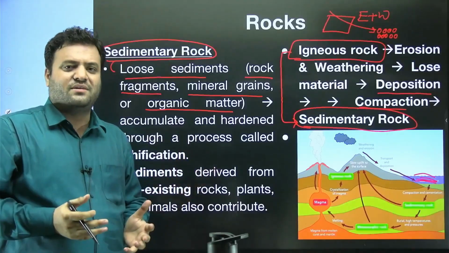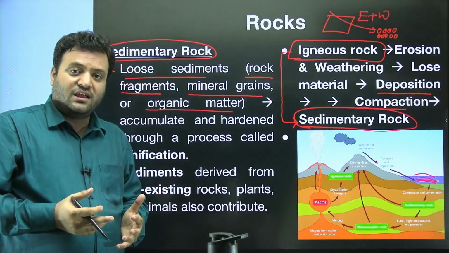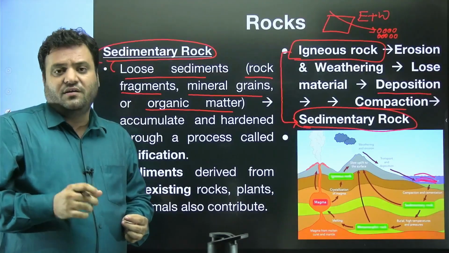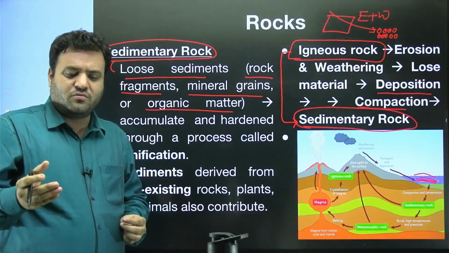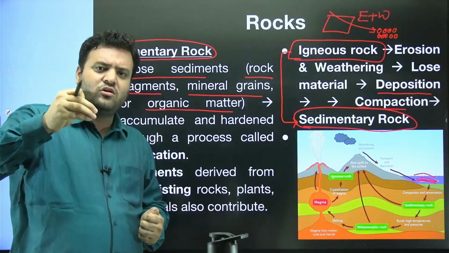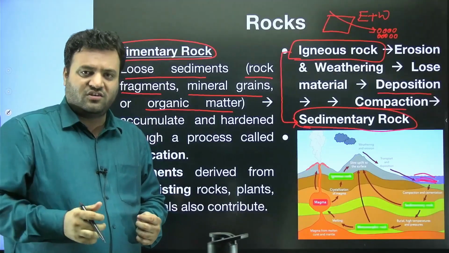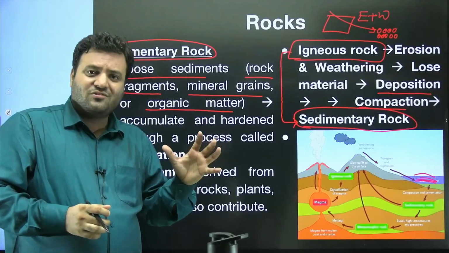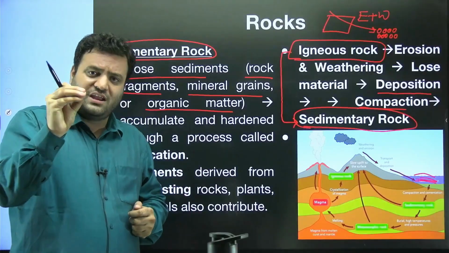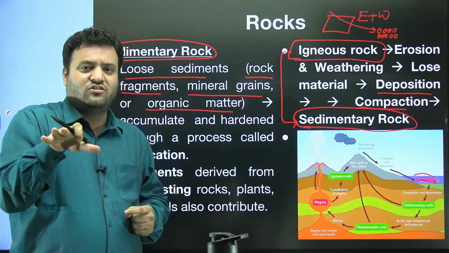Just take an example in this way. Suppose there is a volcanic mountain, and as a result of lava appearing on the surface, when there is solidification, igneous rock would be there. On this igneous rock, we could have some mosses, grasses, or trees. Suppose there is erosion and weathering action, so loose sediments of igneous rock are there, and loose sediments of the organic matter which is relying on that igneous rock would also be there.